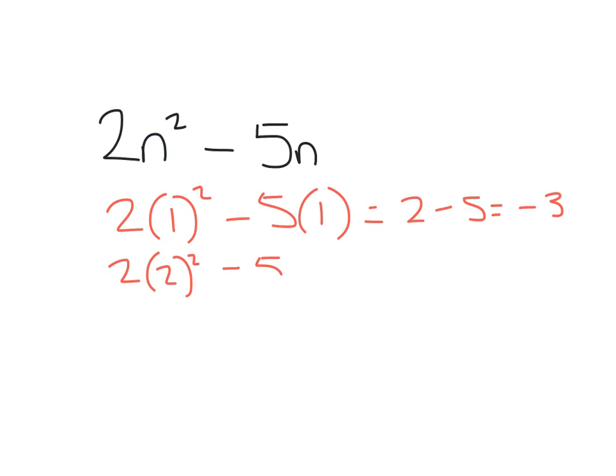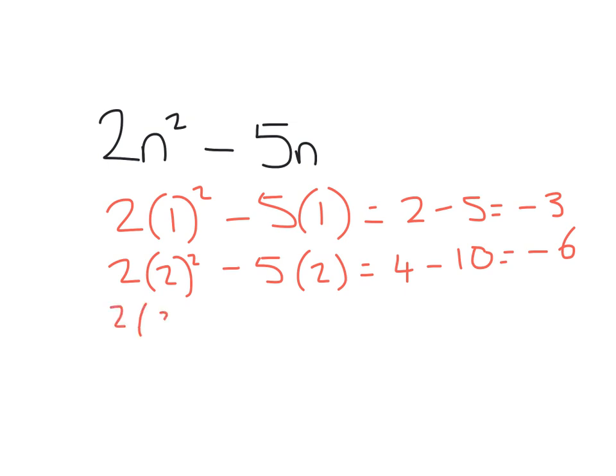2 squared is 4, multiplied by 2 will give us 8. Take away 5 lots of 2 is 10. So 8 take away 10 will give us minus 2.